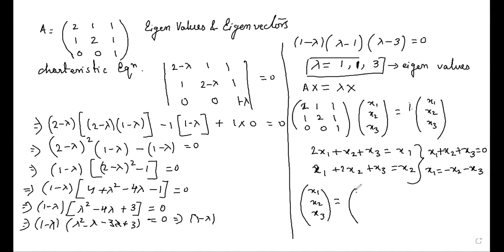So I'm replacing x1 with minus x2 minus x3, then x2, then x3. Now I'm splitting this into two parts. By taking x2 common, I can write it as (minus 1, 1, 0). Similarly, plus taking x3 common, (minus 1, 0, 1).